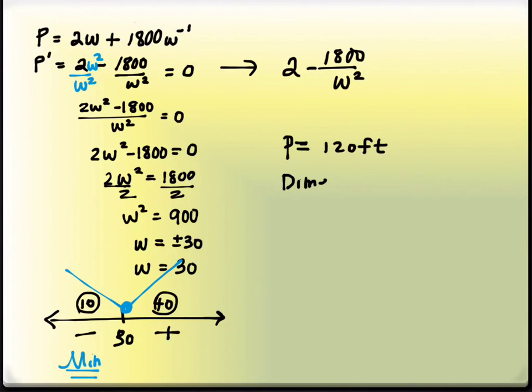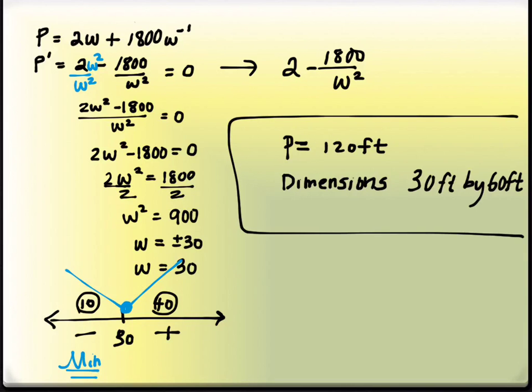What are the dimensions of my shape? 30 feet by 60 feet. Or you can say 60 feet by 30 feet. That's reversible, doesn't matter. 8 by 10, 10 by 8 kind of thing, right? No big deal. All right, any questions on this first example?